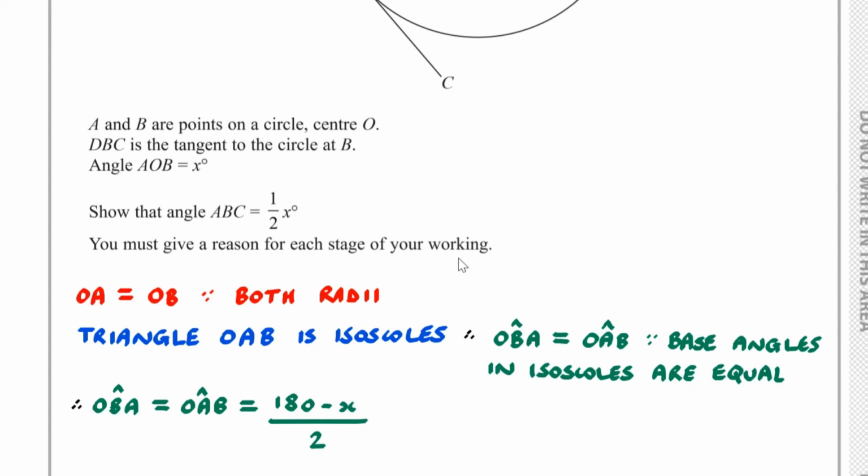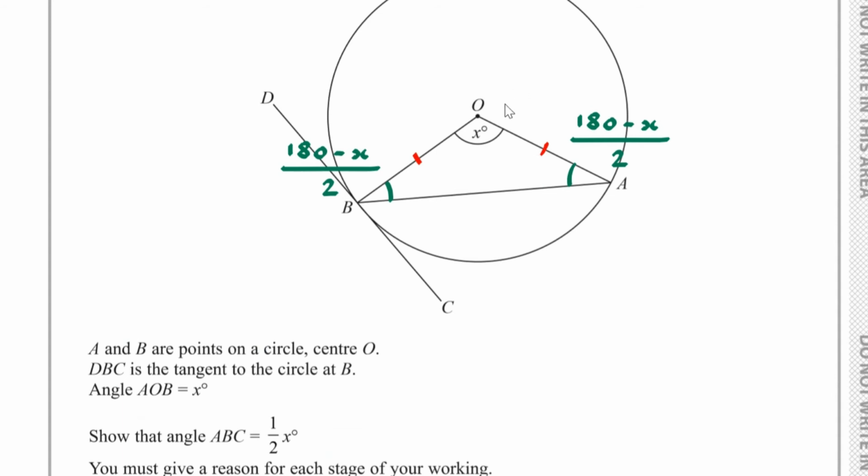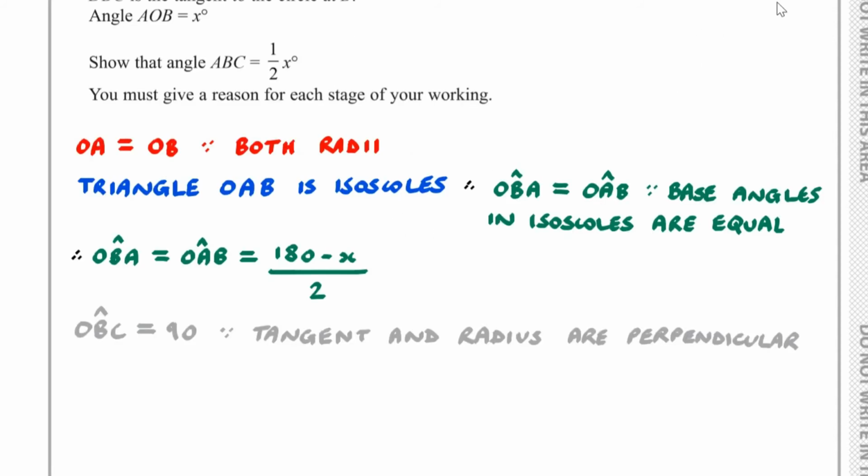So that's what's shown on this diagram. Now we know that the angle of OBC is going to be 90 degrees. And that's because the tangent and the radius are perpendicular.